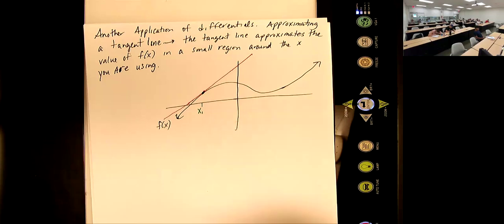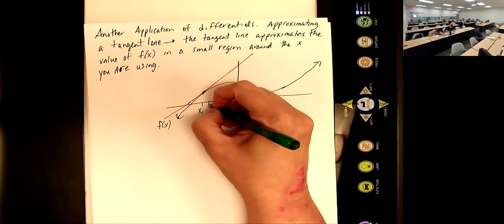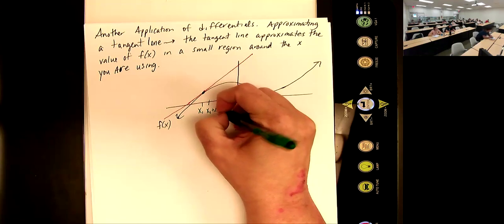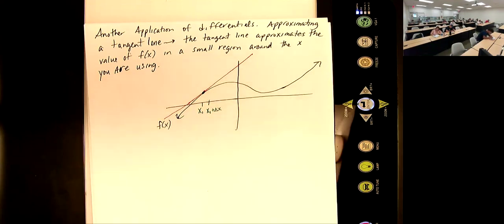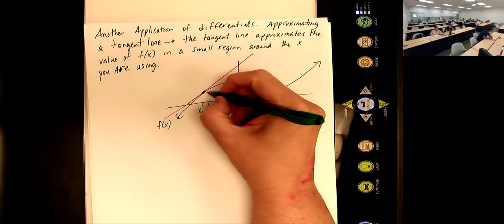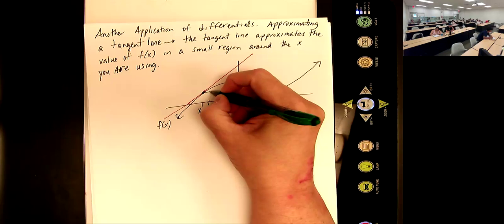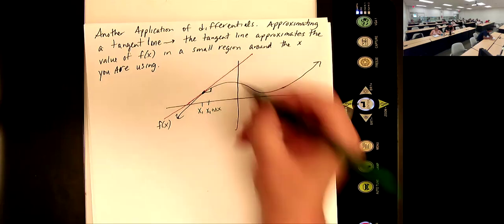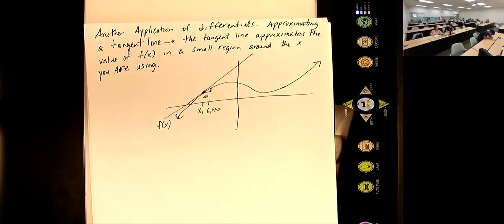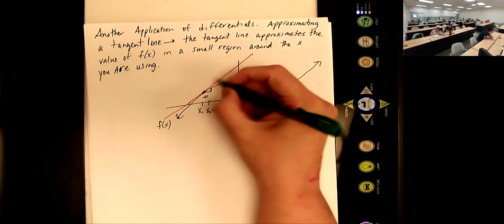So we could go over a small distance delta x. So this would be like x1 plus delta x. And showing that here, we're doing that and going up to there. So that's like a delta x, and this is our delta y.